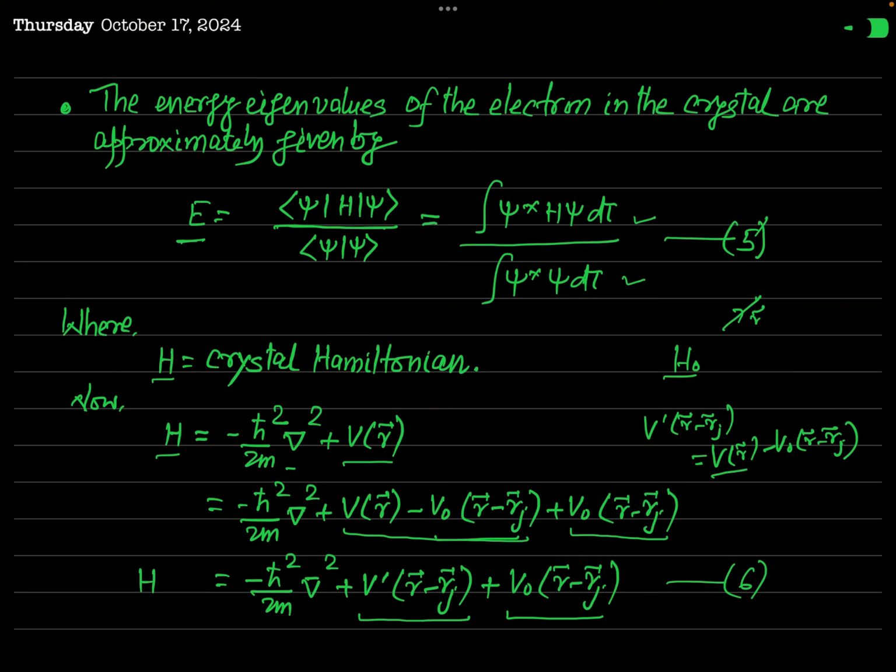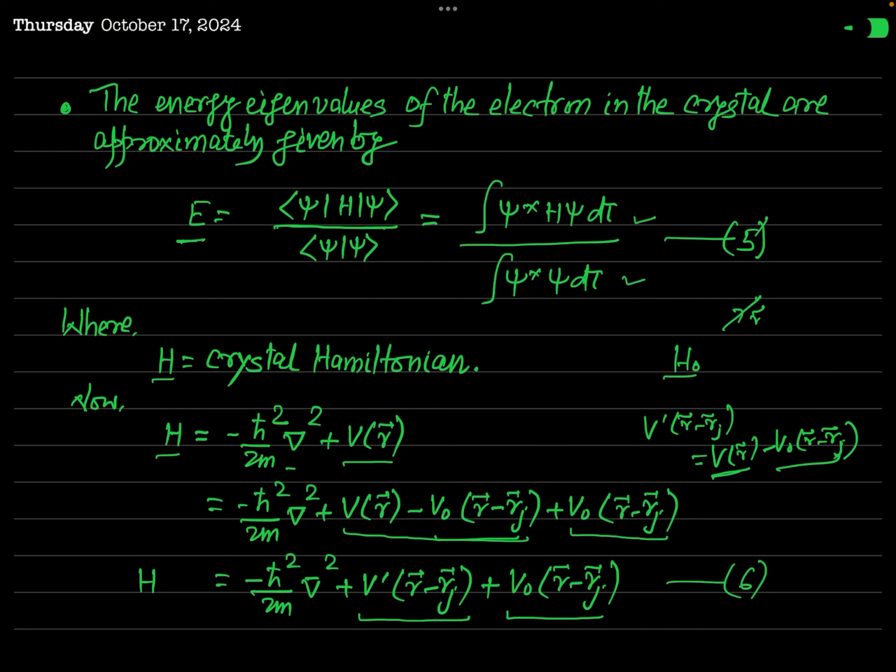That is, V of r is the potential energy of the electron at the point r, minus this much. In other words, V dashed of r minus Rj represents the potential energy of the electron at the point r resulting from the presence of all atoms except the one located at r equal to Rj.